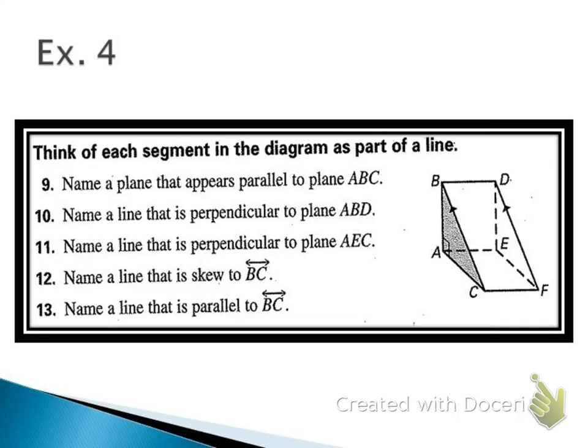So we are first trying to find a plane that appears to be parallel to plane ABC. So ABC is this gray one. Which plane is parallel to ABC? E, F, D. Very good.